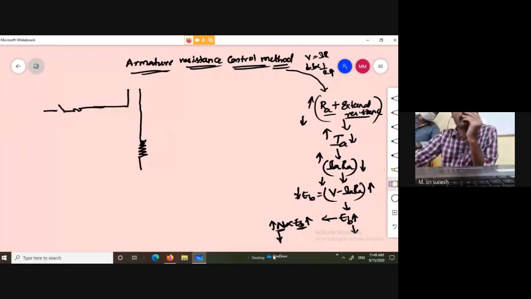Why? Because, as I already told, resistance is increased at the time of starting. At the time of starting, resistance value is high because speed value is high. Speed depends on the EB value, and at the time of starting EB value is high. In order to make EB high, we keep this resistance at the maximum position. Remember this point. Now we are connecting to the variable terminal only, because that rheostat is variable here.